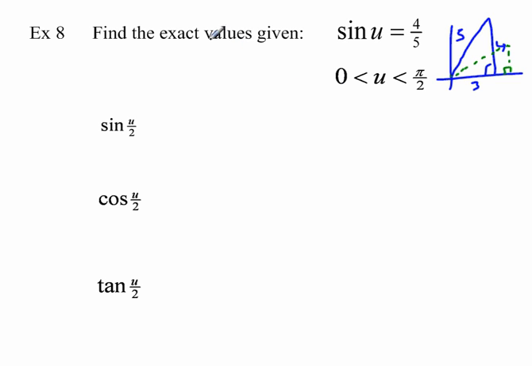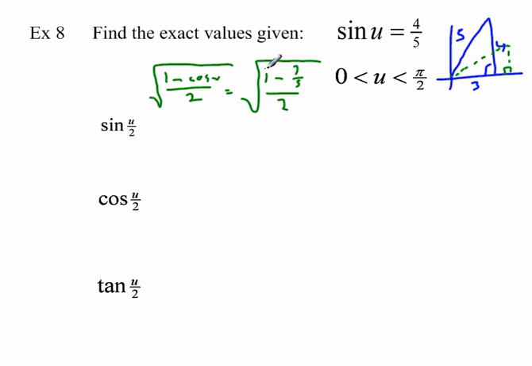So it's going to be the square root of (1 minus the cosine of u) over 2, which equals the square root of (1 minus that cosine of angle u, that original angle, is 3/5) over 2. 1 is the same as 5 over 5, so let's write this as the square root of (5/5 minus 3/5 is 2/5) over 2, which equals the square root of 2/10, or the square root of 1/5.